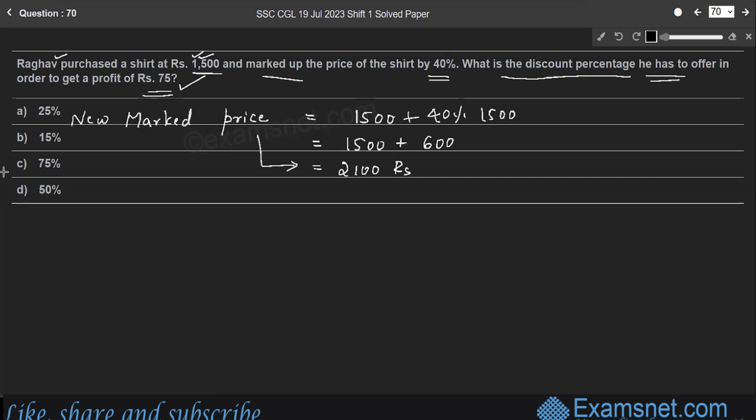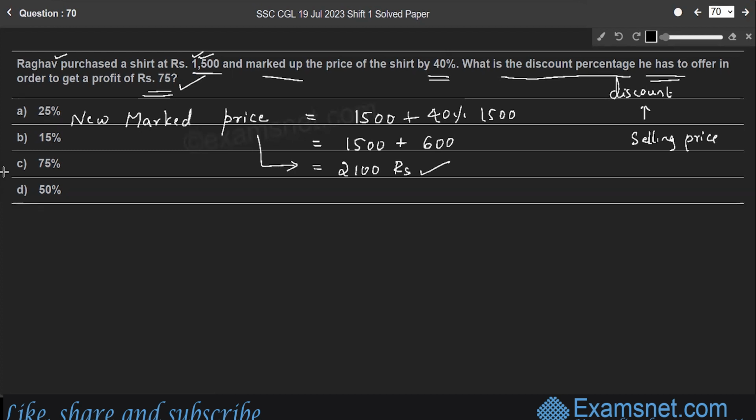So before going to discount percentage, we need to find the discount. So before going to discount, we need to find the selling price of the shirt. Because he marked up the shirt by 40%, therefore market price becomes 2,100.